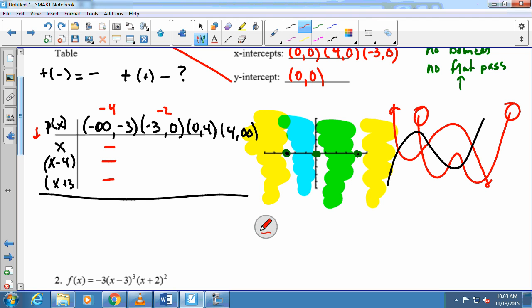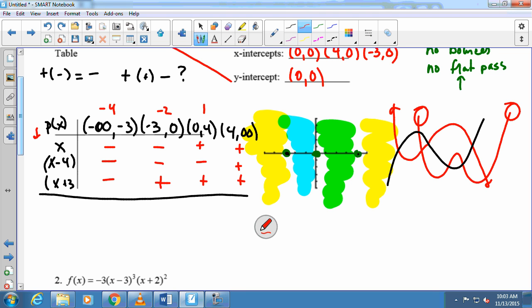Picking a value, plugging it in for x, plugging it in, subtracting 4, and adding 3 turns it positive. Picking another value between 0 and 4, notice I can't pick 0 or 4. I know what happened there. Plus 1, plug in for x. When I subtract 4, it's negative. When I add 3 onto 1, it's positive. And in the last region, they're all 3 positive.